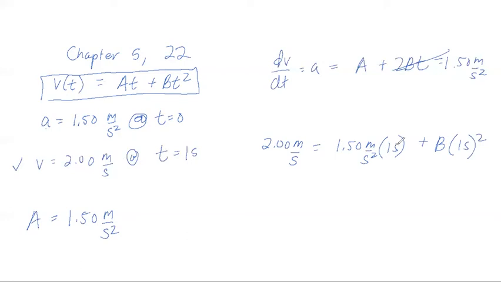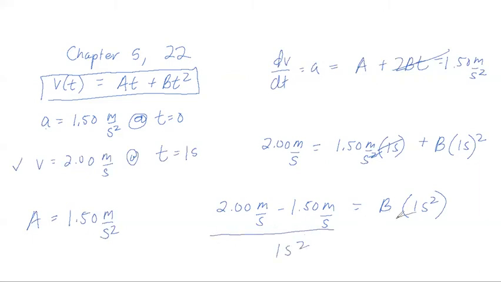All right, so this is going to cancel out one of those squares. So I'm going to subtract that from both sides. 2.00 meters per second minus 1.50 meters per second is going to equal b times 1 second squared. All right, so now b is going to equal that divided by 1 second squared. So that's going to go away.